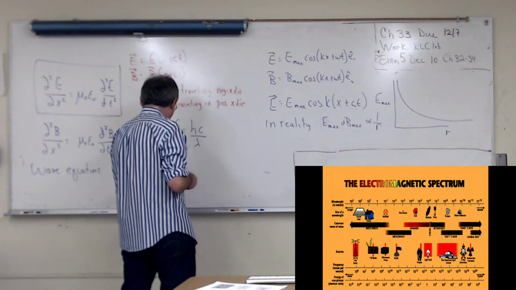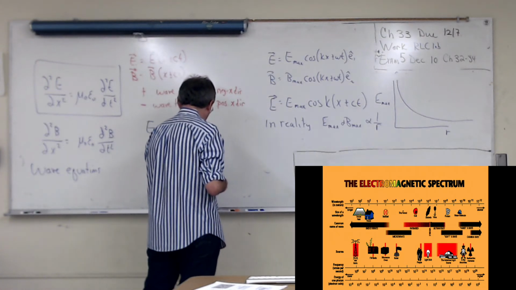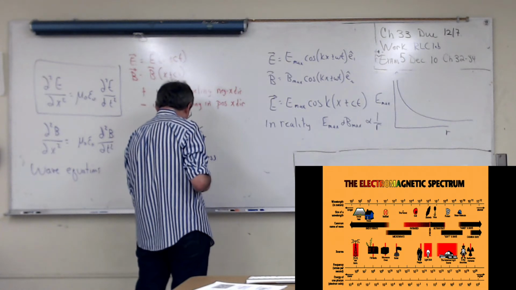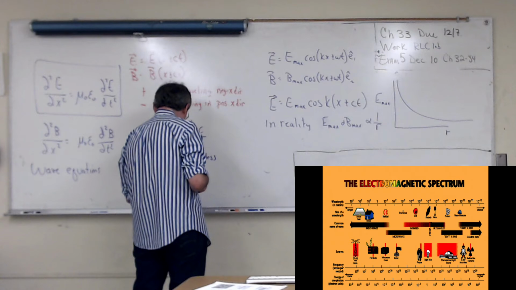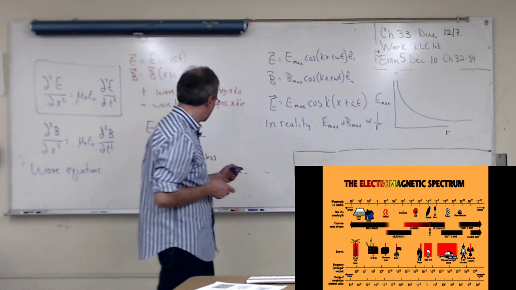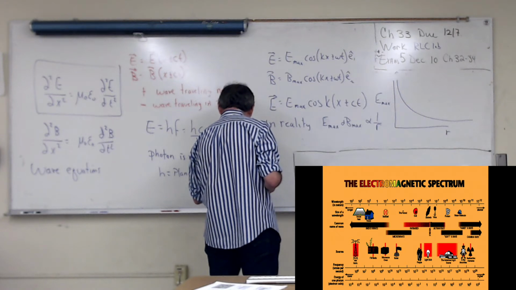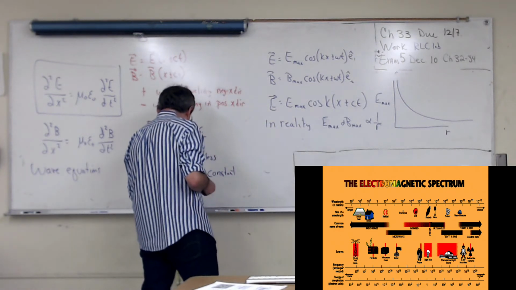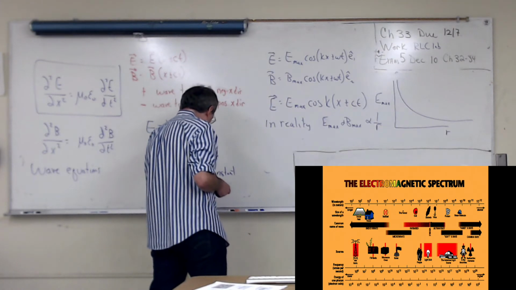What's the H? Oh yeah, I'll get to that in a second. H is called Planck's constant. If you've had chemistry, you might have seen this. And Planck's constant is 6.626 times 10 to the minus 34 joule seconds.